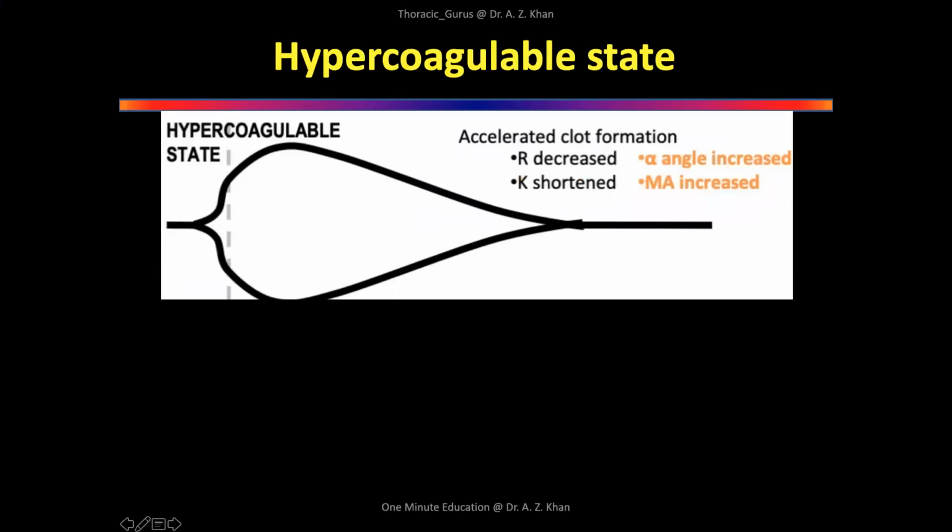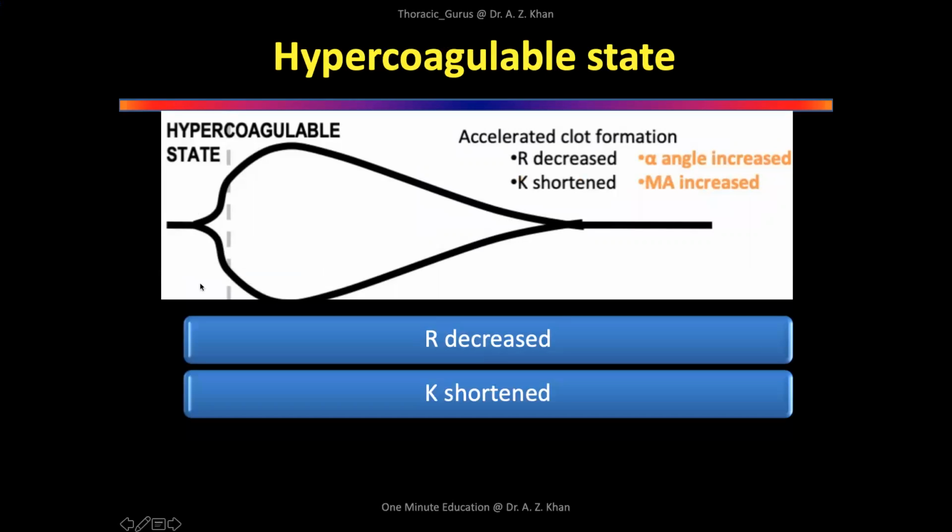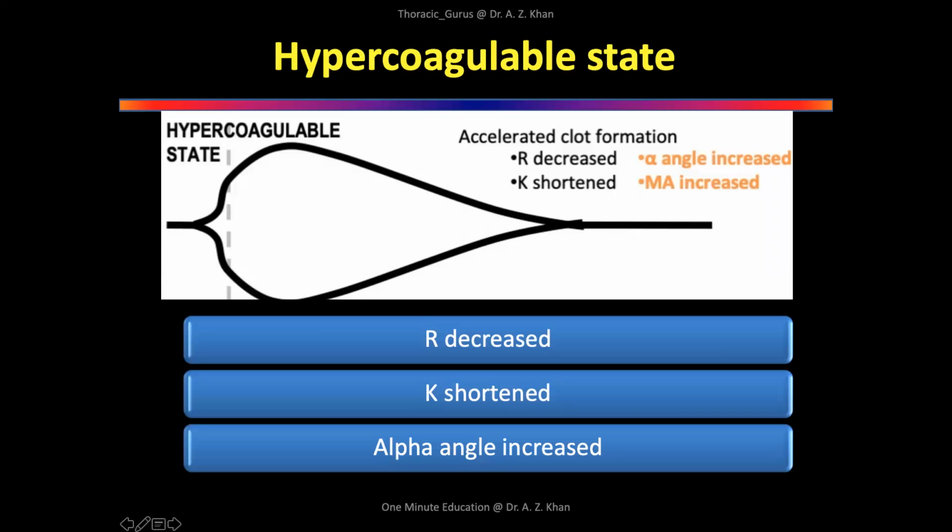In a hypercoagulable state, the R is decreased severely. So R is decreased, the K is shortened because it's clotting very fast, and the alpha angle is increased.